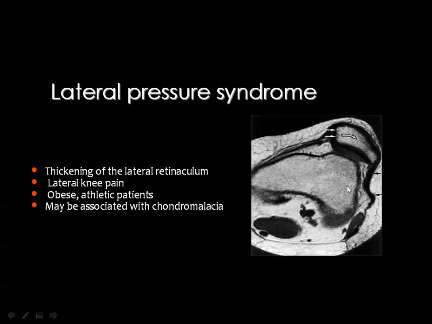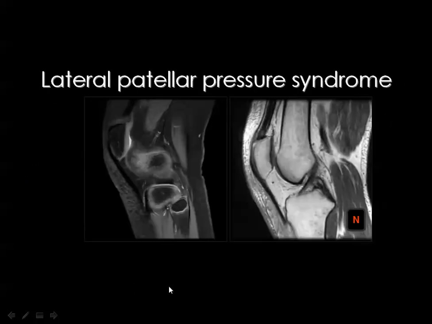In the axial images, normally you see the patella is fitting within the intercondylar notch of the femur. But in cases of lateral pressure syndrome, you see the patella is displaced laterally, as you can see in this particular example. And sometimes you can appreciate this in the sagittal images.